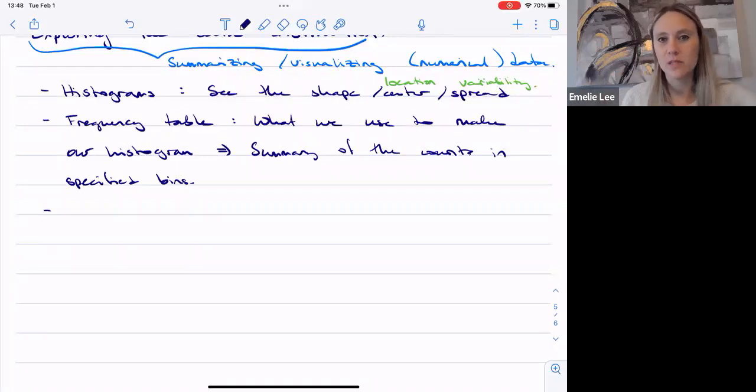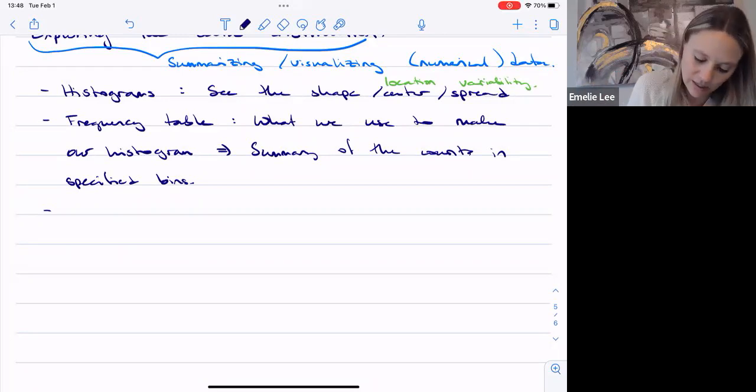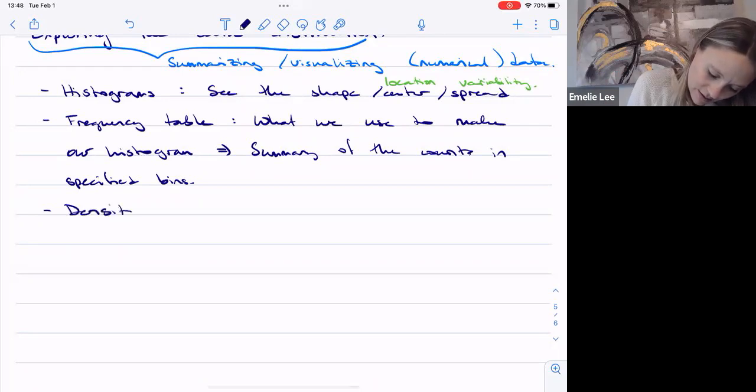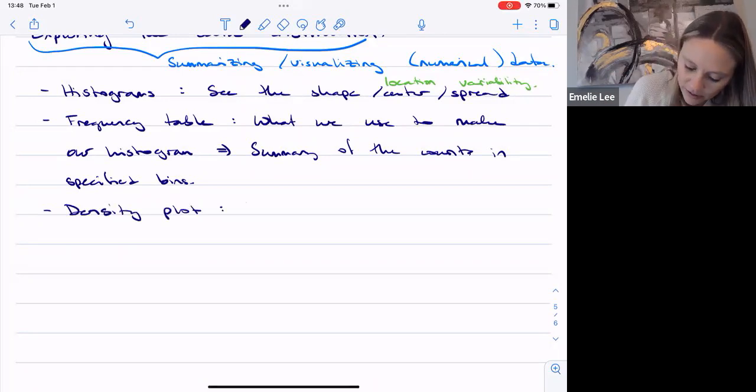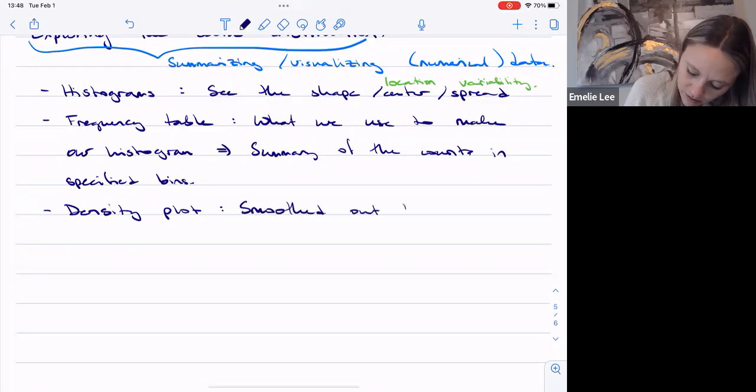It uses some kind of estimates that we're going to ignore, but all we need to know for now is that it's a smoothed out histogram.